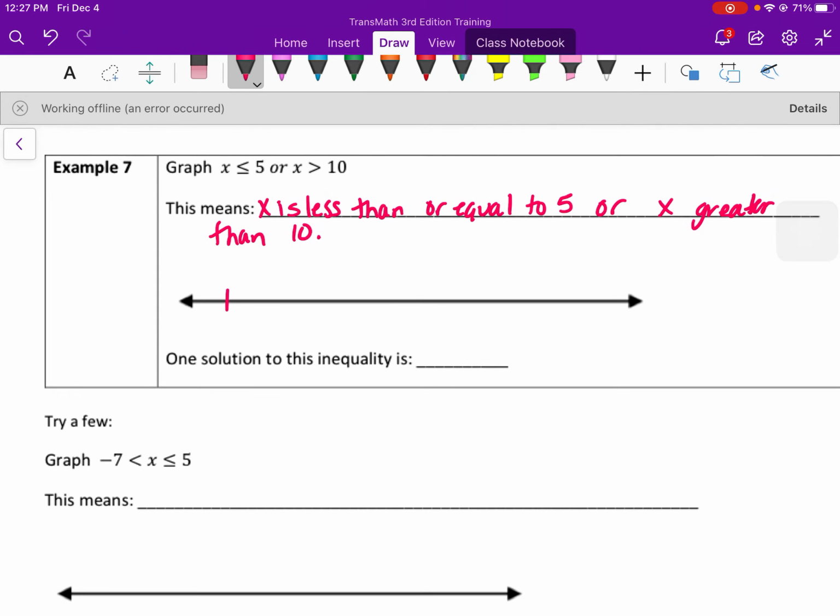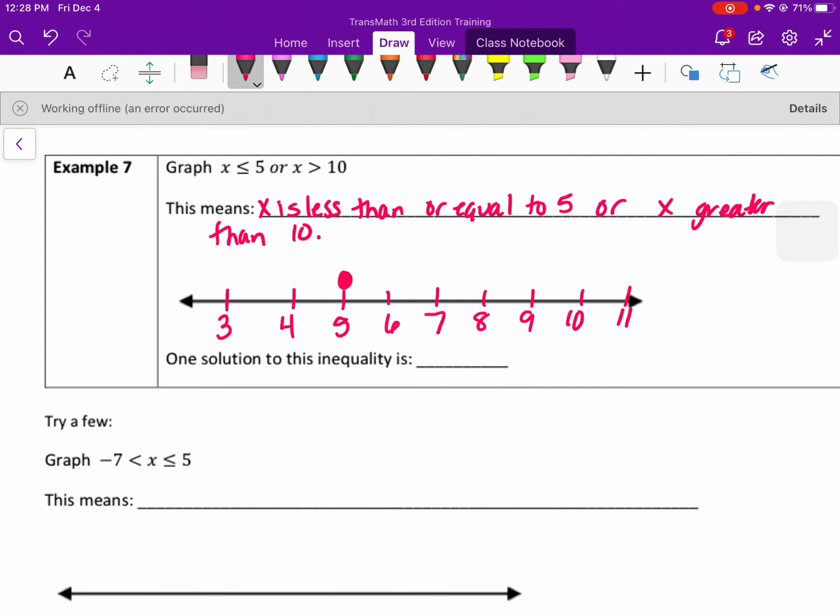So if we start, let's go with negative 5, and then actually we'll just start with 3 and just count up 4, 5, 6, 7, 8, 9, 10, 11. Yep, I can fit it. Just count by ones.